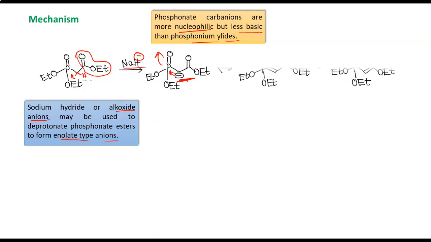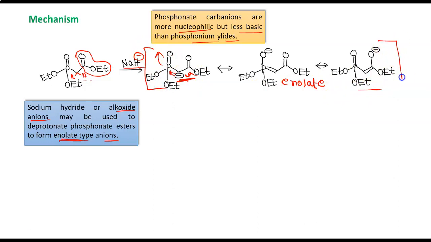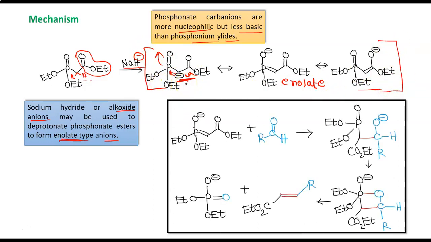Okay, now this type of resonance is possible. These are the enolate type of anion, right? So this is one enolate, and if the negative charge is going towards the right hand side, then another enolate is also possible. So because of this type of resonance structures, this carbanion is very stable.